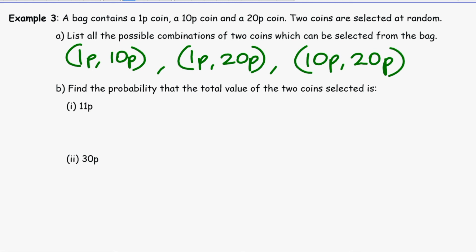Find the probability that the total value of the 2 coins is 11 pence. That will be 1 and 10, which is just 1 out of 3 possible ways. And 30 pence, that will be 10 and 20, which is again 1 out of 3 ways.